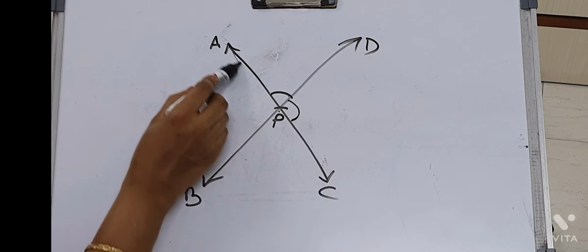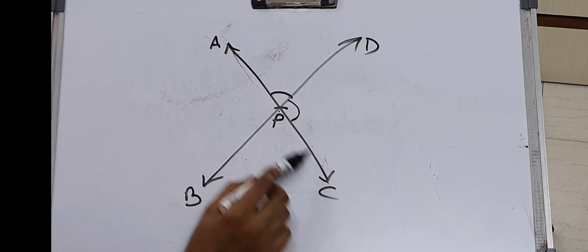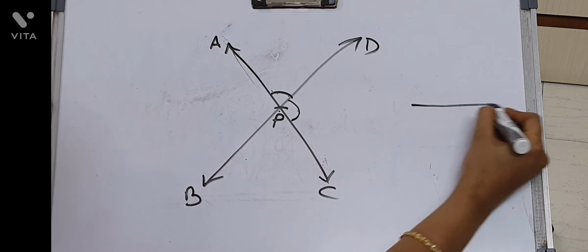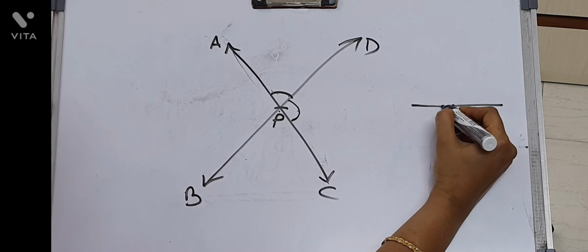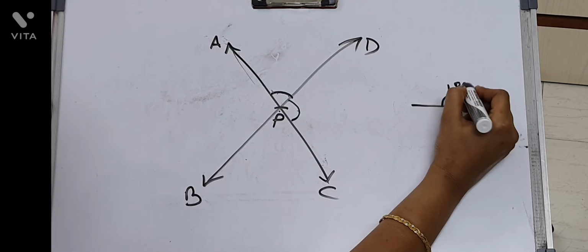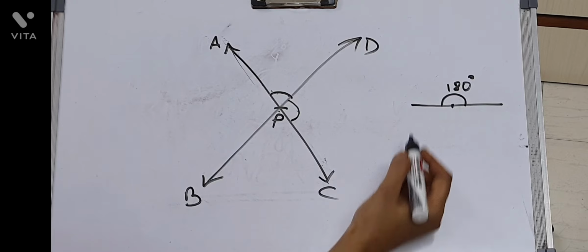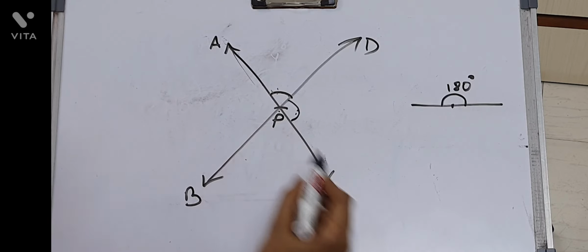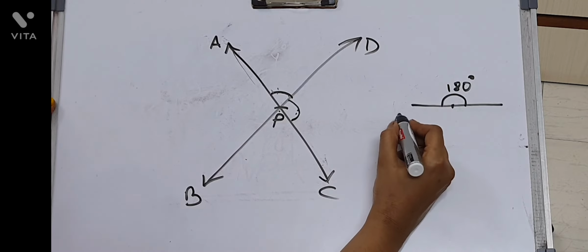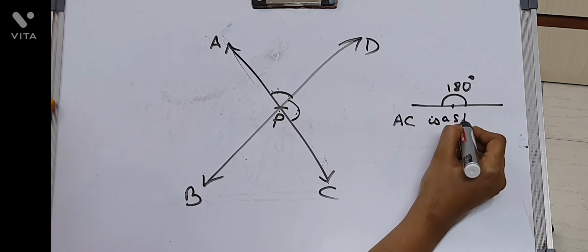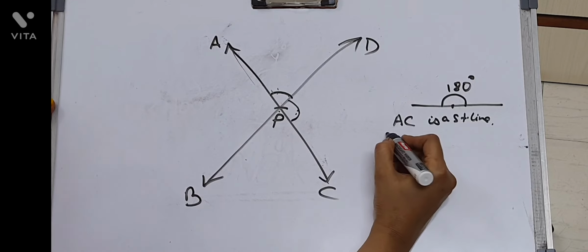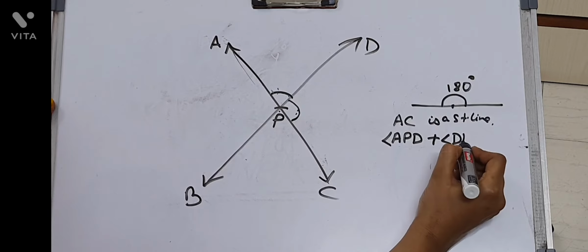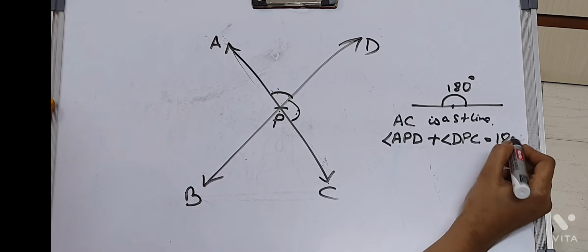That means what? Here AC is a straight line. On the straight line there are two adjacent angles. We can see here that when there is a straight line, the angle formed on the straight line is 180 degrees. So the sum of these angles will be 180 degrees. So the adjacent angle property is based on this concept: when AC is a straight line, on that AC, angle APD plus angle DPC is 180 degrees.